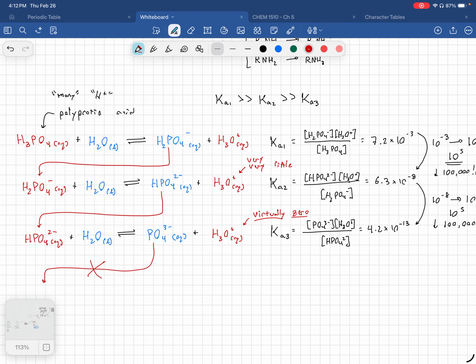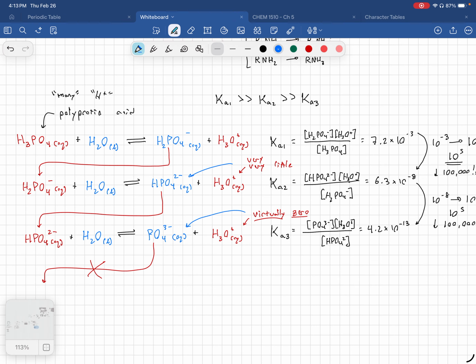The amount of H3O plus that will be produced, actually just the amount of products that will be produced, will be significantly less than the first ionization. So your products of your second ionization are going to be very, very tiny relative to the products of that first ionization.